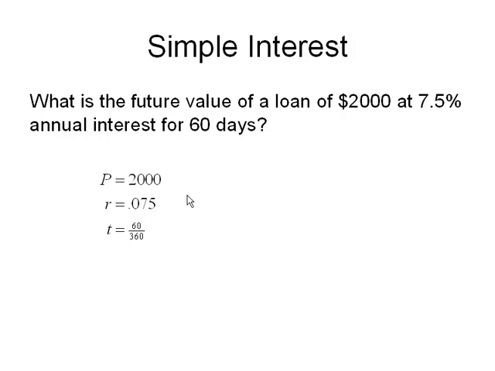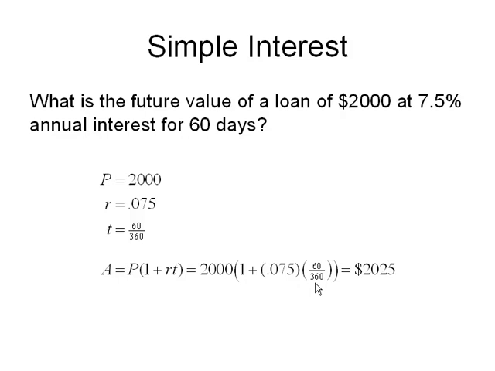And 60 days is 60/360ths of a year. So if I go ahead and put those values into my formula, A equals P times the quantity 1 plus RT, I get 2,000 times the quantity 1 plus 0.075 times 60/360ths.